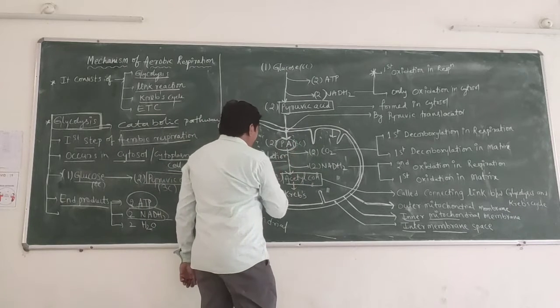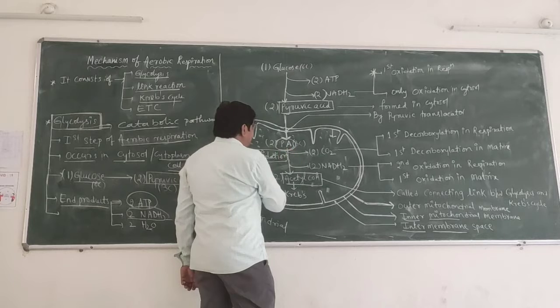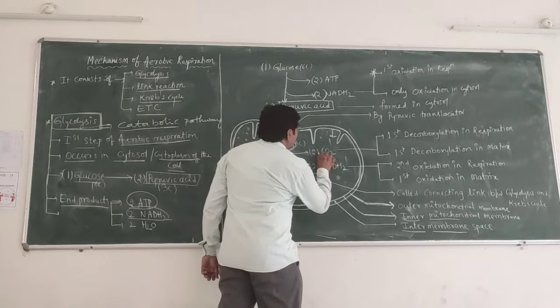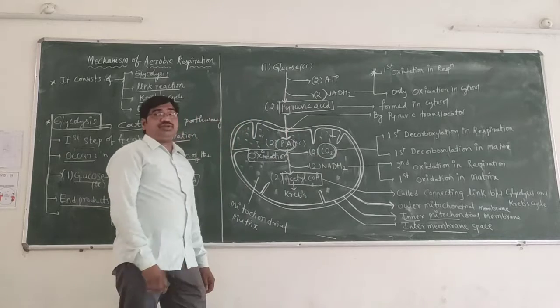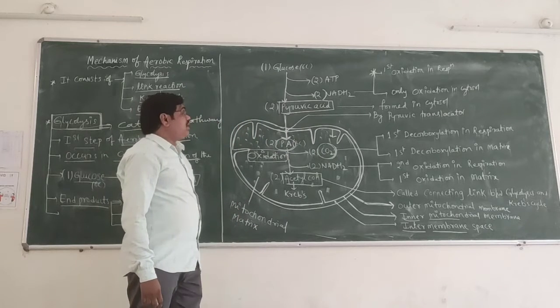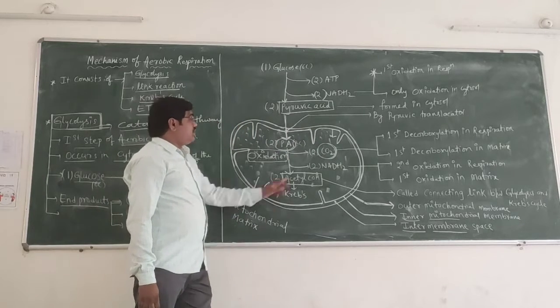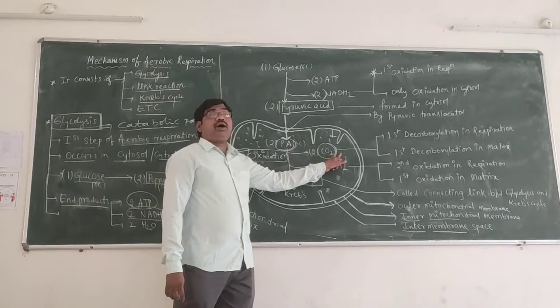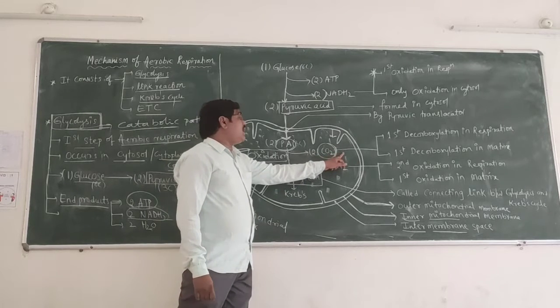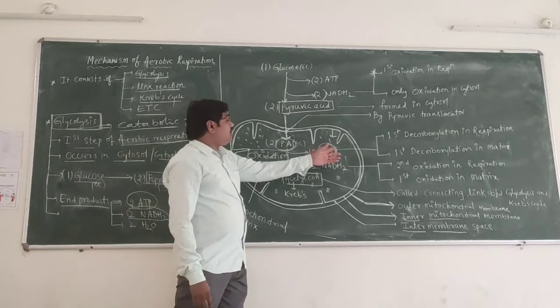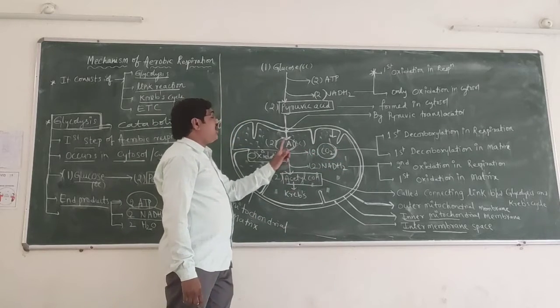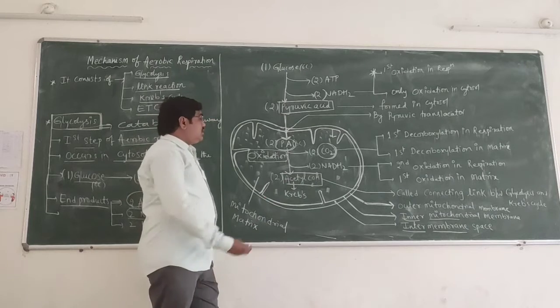During this link reaction, or oxidation of pyruvic acid, two molecules of carbon dioxide are produced. This reaction is called decarboxylation, which means the removal of carbon dioxide from pyruvic acid.